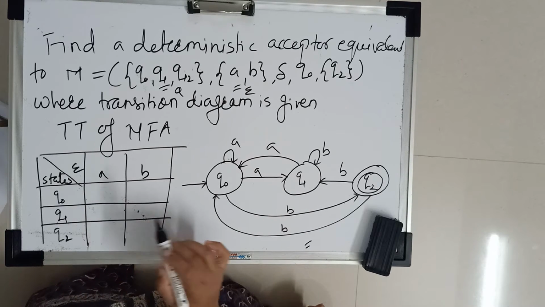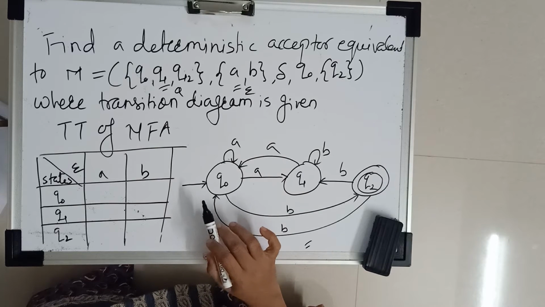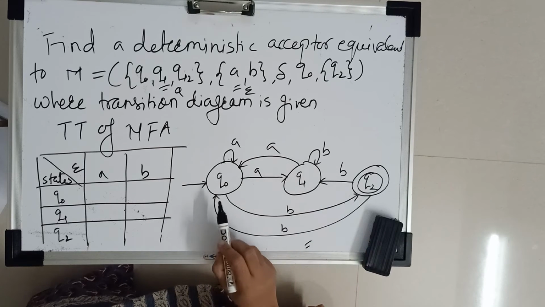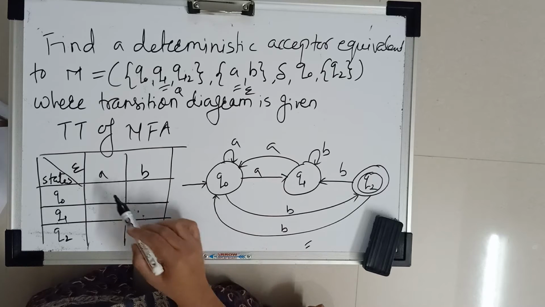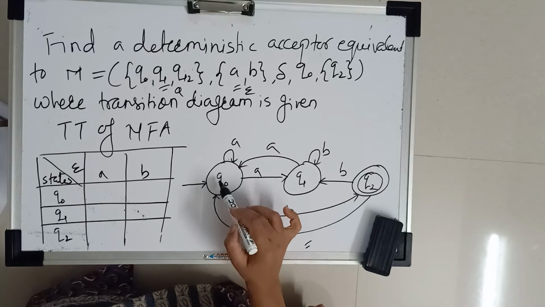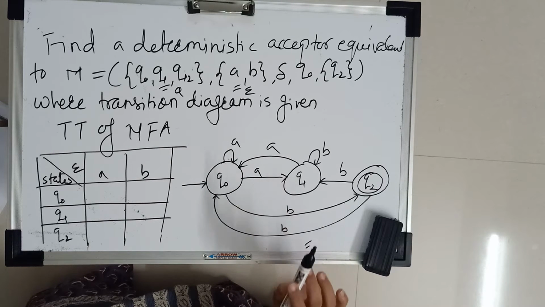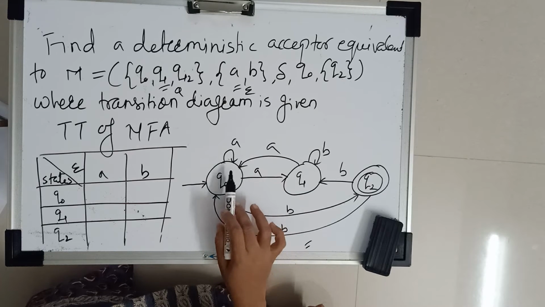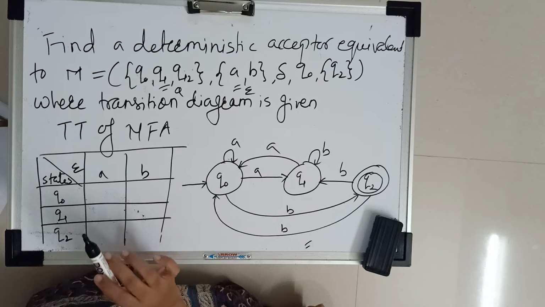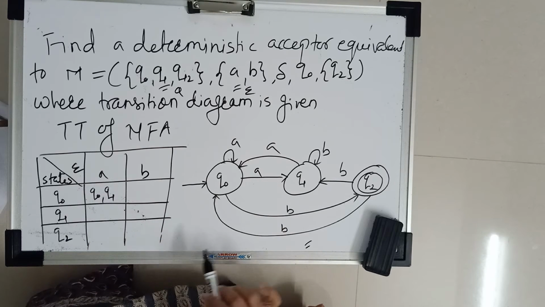It means we'll write these entries from this diagram, whatever the transitions are given for each state. Now for Q0, for the A column, what are the next states we have to write? Q0 goes to the same state for A, and Q0 goes to Q1 for A. Again one more, no. So we are getting 2 next states for input symbol A. So we'll write these entries Q0, Q1.